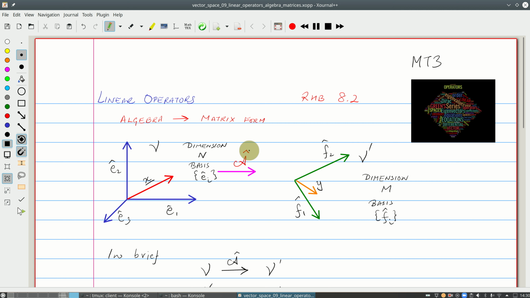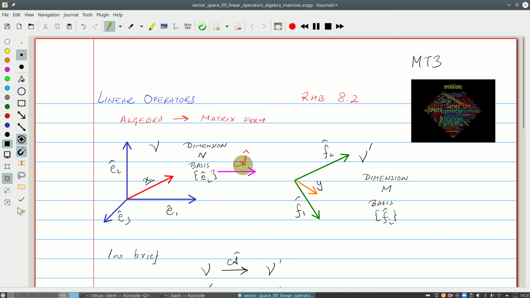Now we apply some linear operator script A hat. If you recall from the last tutorial, all linear operators will be designated by a script letter. It could be any script letter, but it's got a hat on it, and always capitals here, so we don't confuse linear operators with a normal orthonormal basis vector.